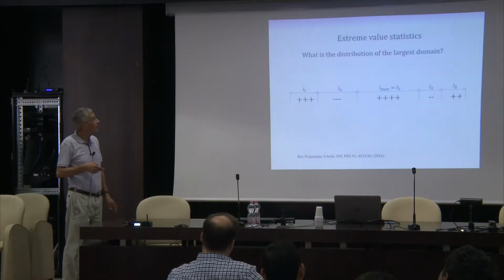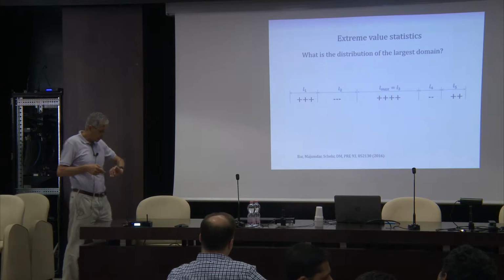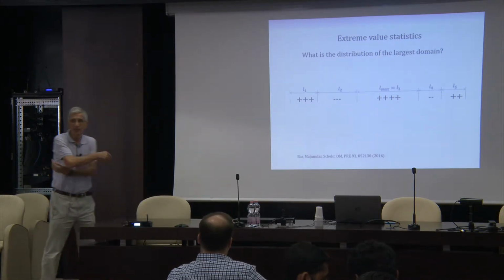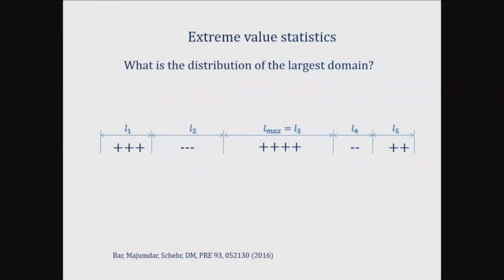Okay. Basically, that's what I want to say here, and I want to talk a little bit about extreme value statistics in these models. Now, these models are composed of domains, which are pluses, minuses, pluses, and minuses. And the question is, what is the statistics of the largest domain?